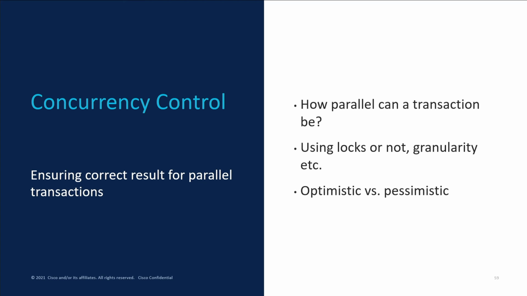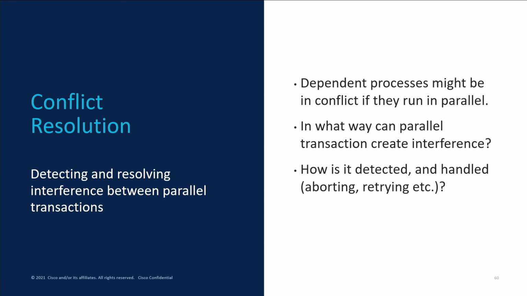You could have pessimistic, optimistic, some sort of locking, trying to be without locks. Anyhow, all of them will eventually end up in, if you're parallel, you might be in conflict with other transactions. So the conflict detection and the conflict resolving is an important part of this.